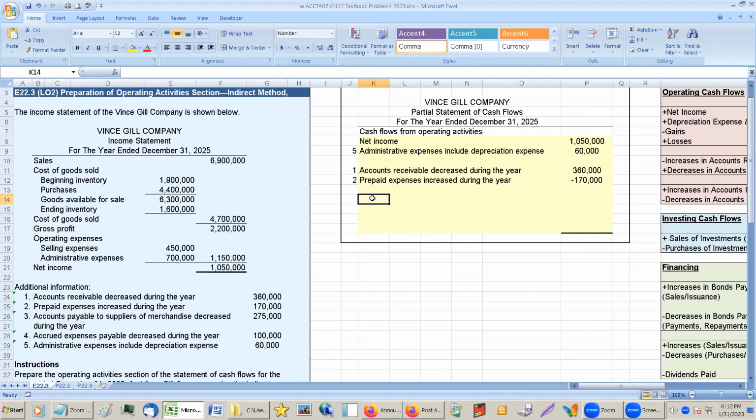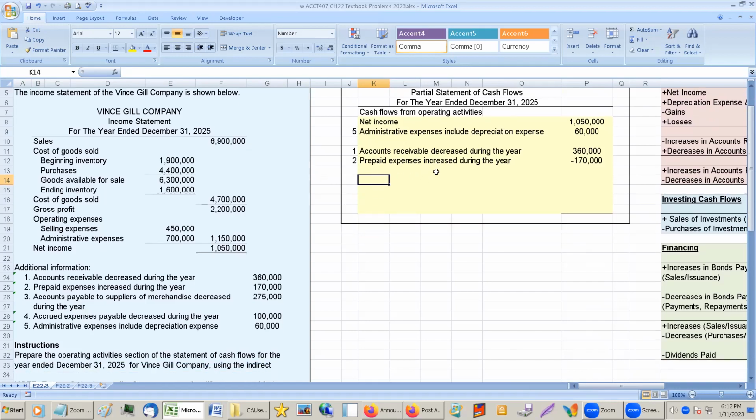If accounts payable decreased, that means money went out. So okay, accounts payable, that's a liability. Cash also decreased. Yeah. So the cash must have gone down because it's a liability that went down.